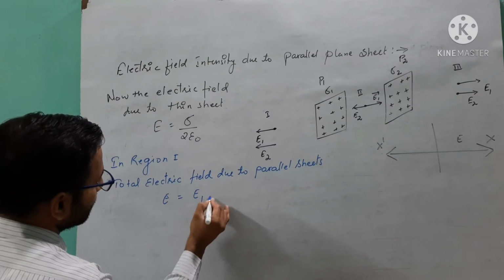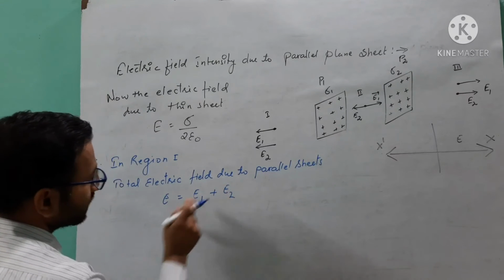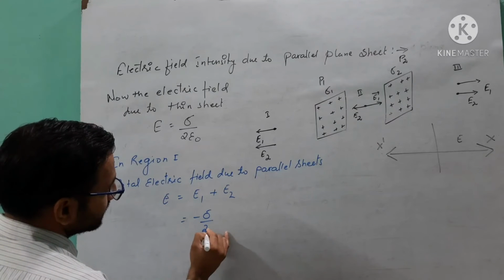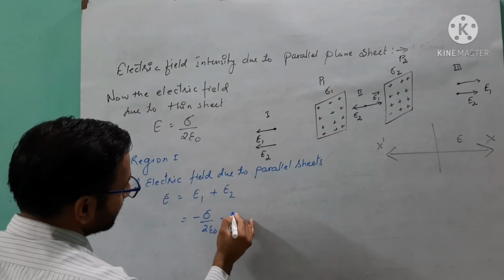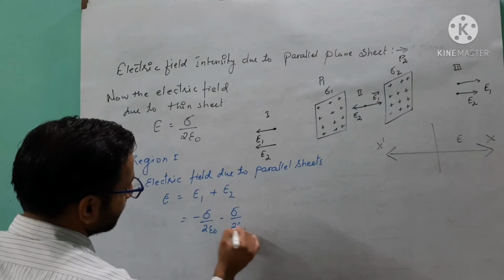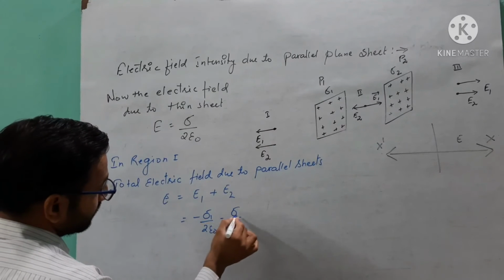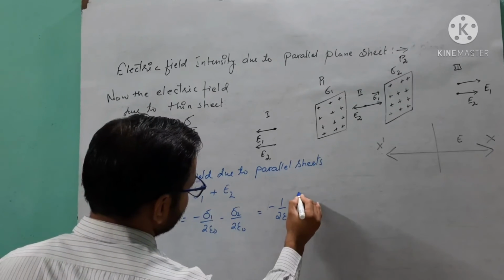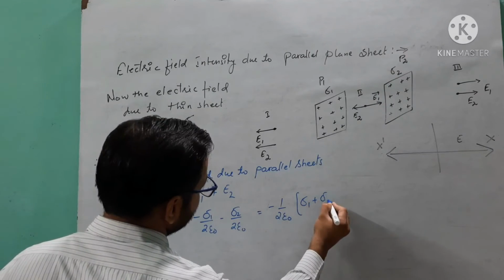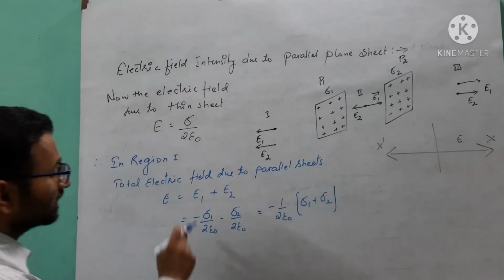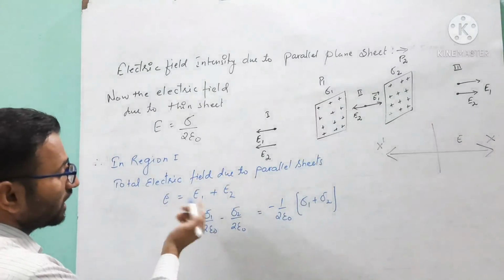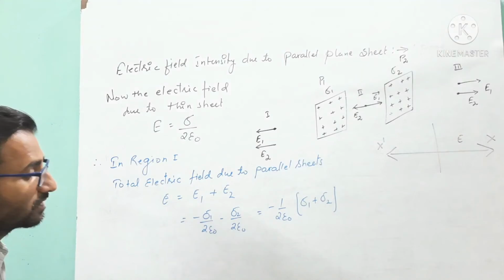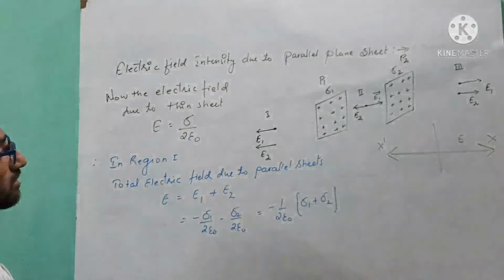E is equal to E1 plus E2, and we know that they are both in the opposite direction, so we can write minus sigma 1 over 2 epsilon naught minus sigma 2 over 2 epsilon naught. Taking the negative sign common, minus 1 over 2 epsilon naught times sigma 1 plus sigma 2, because here the direction of E1 and E2 is negative. So this is the direction of this one, got it?